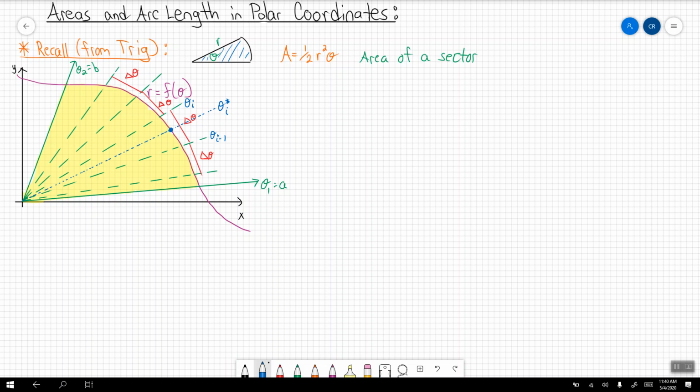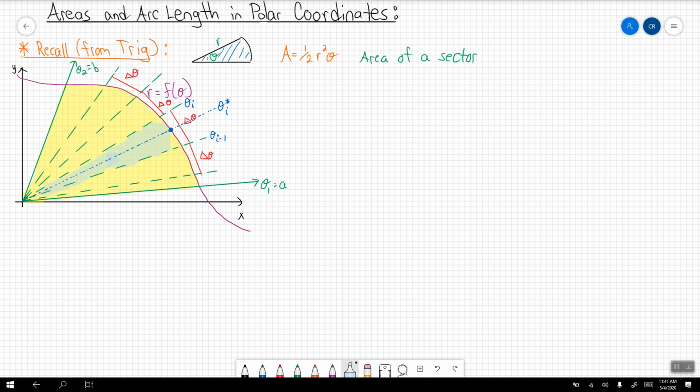In order to approximate that area, I'm going to highlight it in, let's say, a light blue. And that's that area right in there.